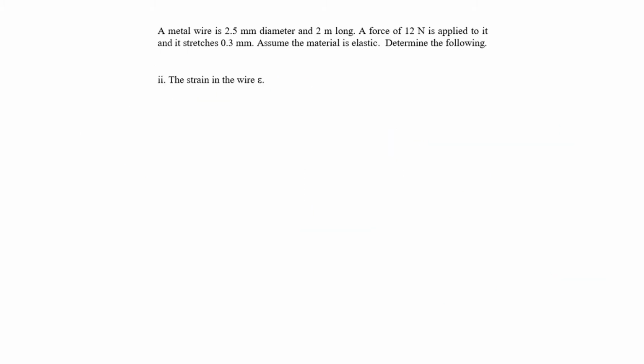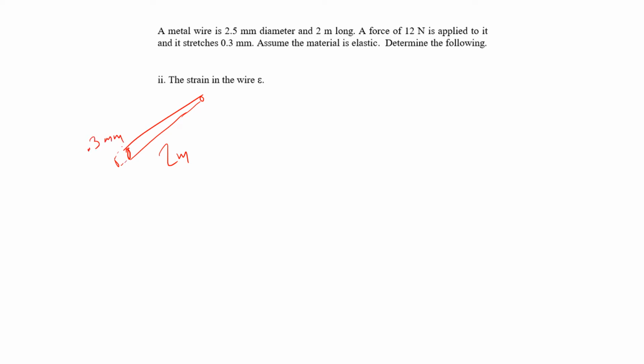All right, let's look at an example of this. So here we are, a metal wire is that much in diameter, that long, a force is applied, and it stretches by 3 millimeters. So does this feel familiar at all? Anyways, so you have a wire, here's your wire. It was 2 meters long, and it stretches by 0.3 millimeters.